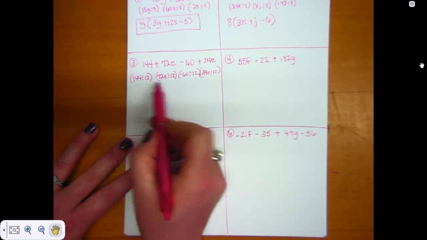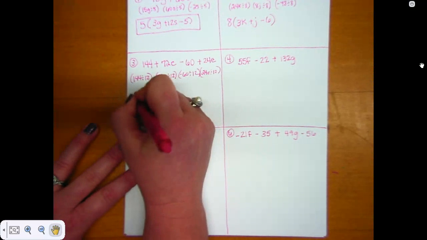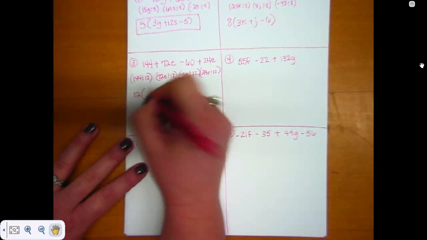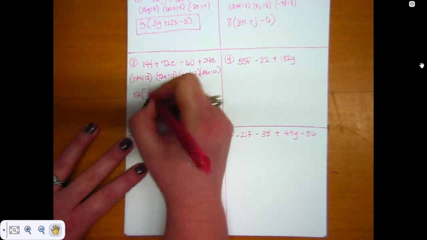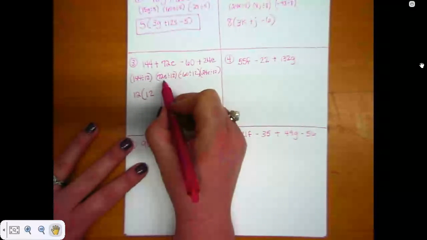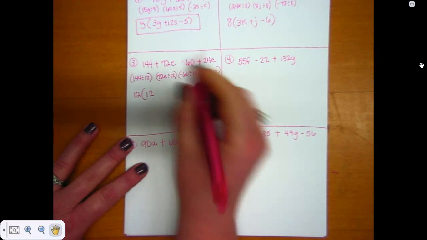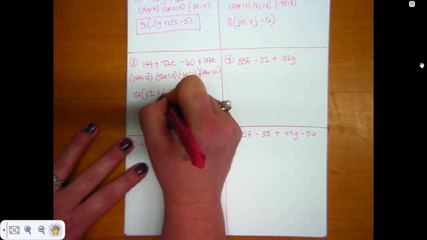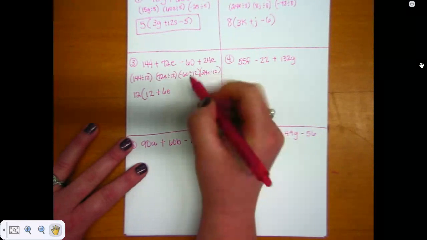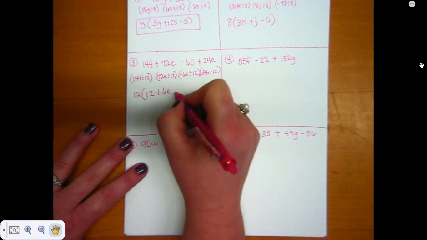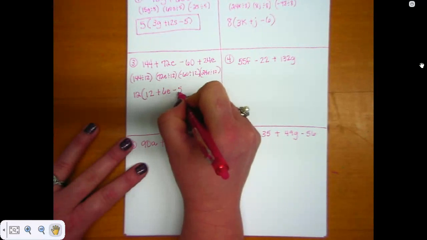Okay, we know we put our common factor on the outside. So we have 12. 144 divided by 12 is 12. 72E divided by 12 is positive 6E. Negative 60 divided by 12 is negative 5.